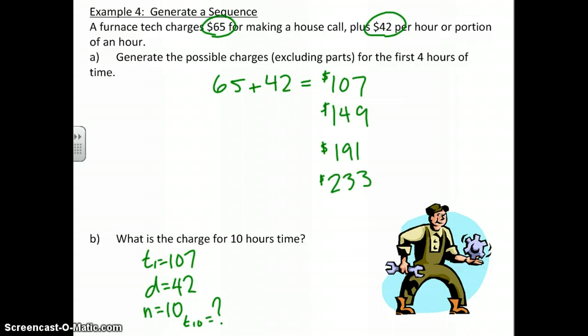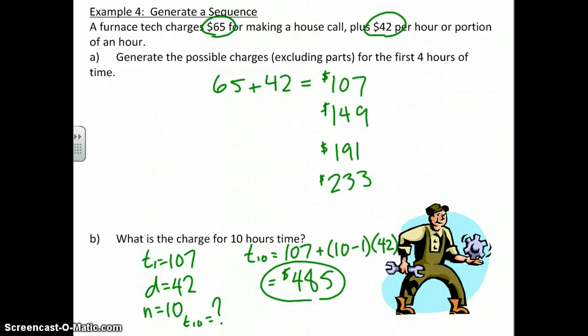So T10 equals 107 plus 10 minus 1 times 42. We simplify that out, put it in our calculator, and we get $485. So for 10 hours, it's going to cost you $485.